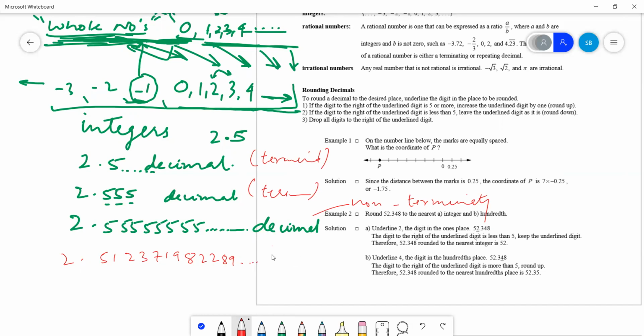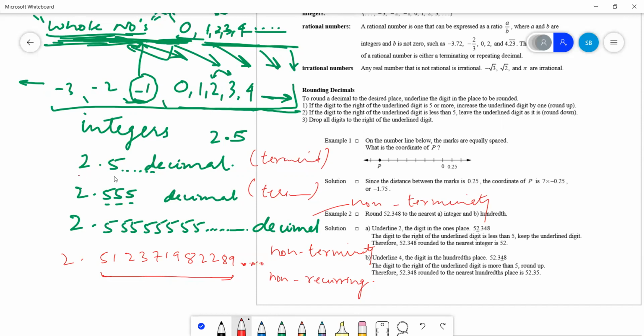It is non-terminating, obviously, but there's no number after the decimal which is recurring. It is just random. It's non-recurring. Are you following? Yes.